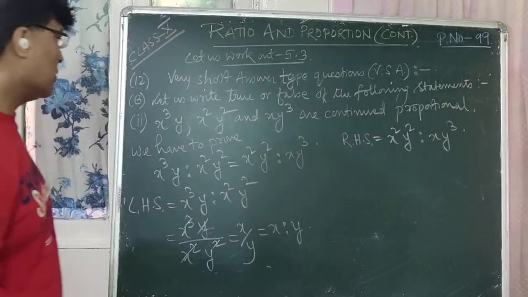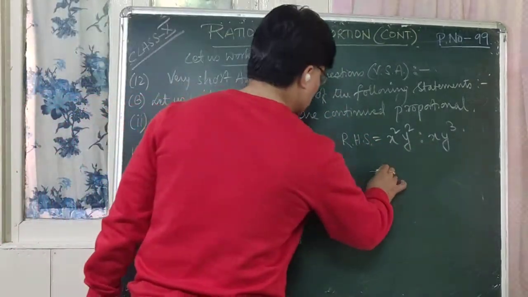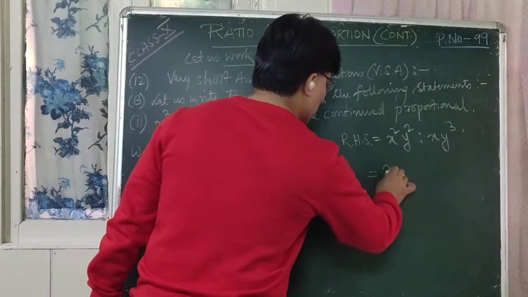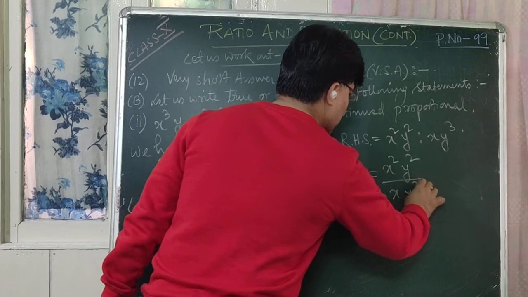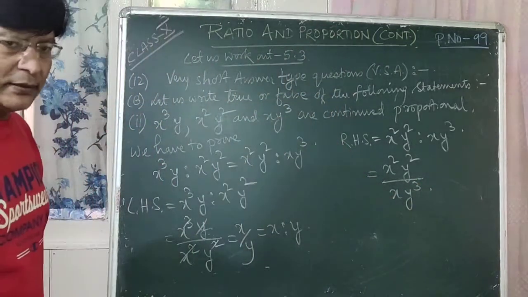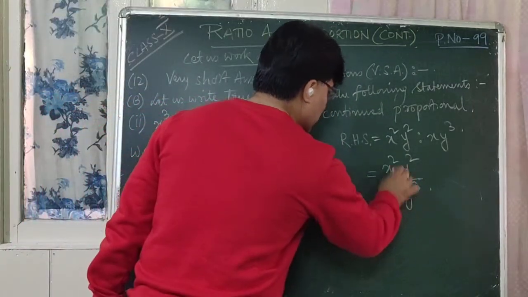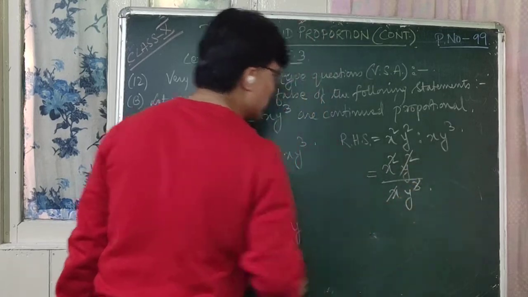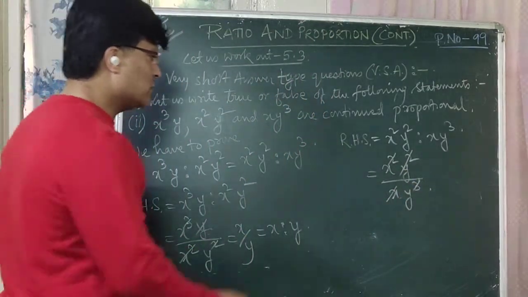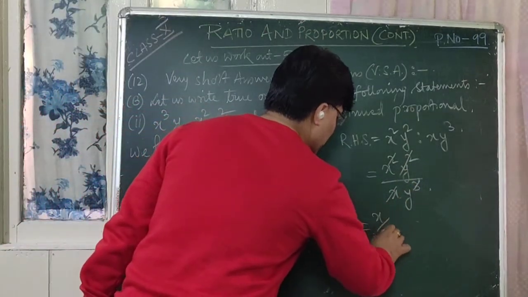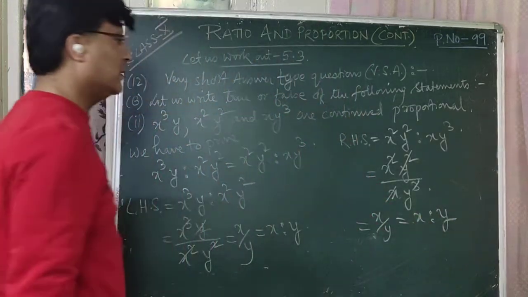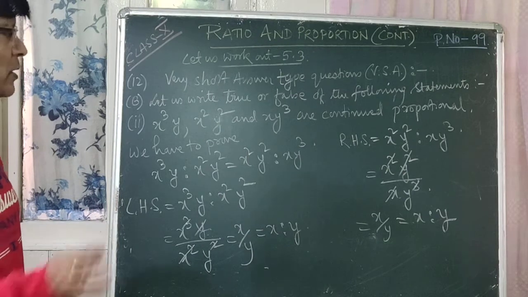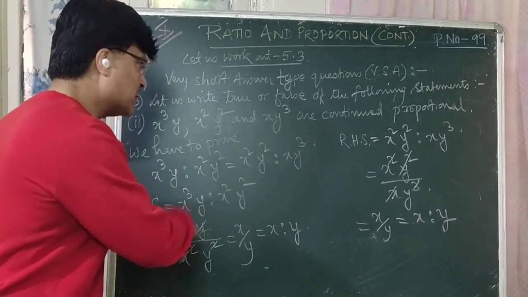So here also you can write it in terms of fraction, which is equal to x square y square divided by xy cube. Is that clear? So here you can cancel, this x and square get cancelled, y square and cube get cancelled. So which is equal to x upon y, which is equal to x is to y. Is that clear now? So the left hand side is equal to the right hand side.